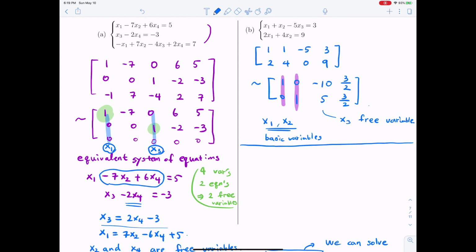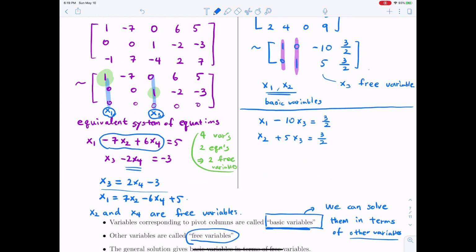So basically, I guess it's x1 minus 10 times x3 equals 3/2, and x2 plus 5x3 equals 3/2. And we can solve for x1 and x2, which gives you x1 equals 3/2 plus 10 times x3, and x2 equals -5x3 plus 3/2, and x3 is a free variable.